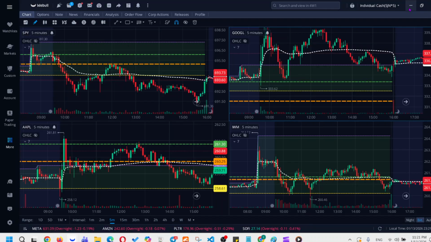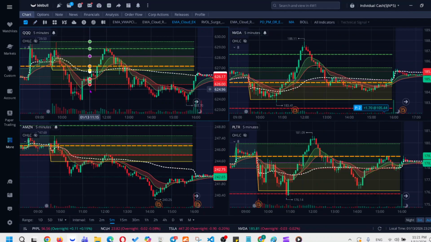And to add a couple more charts, I have QQQ here. For QQQ, at the open it rejected at the pre-market high, and then it all comes down to the previous day close. There was an immediate rejection over there, and it just all flushed down.